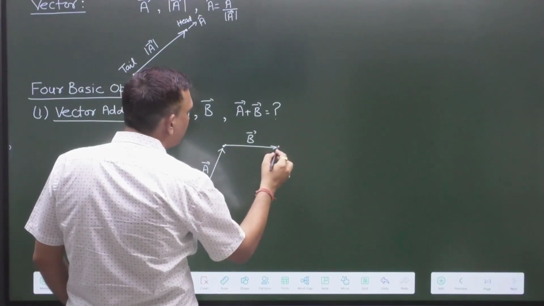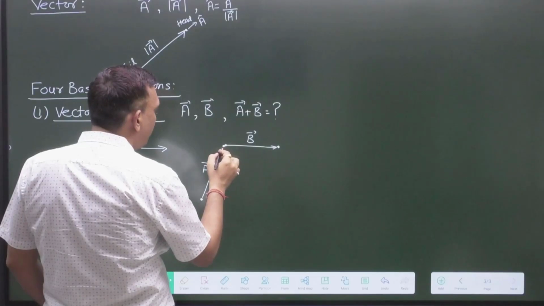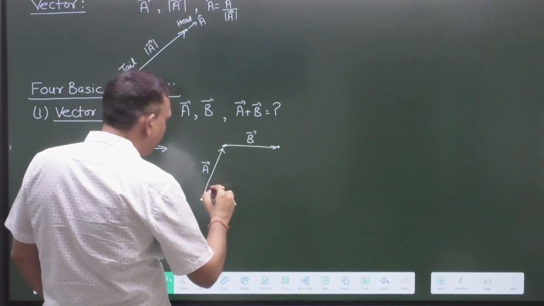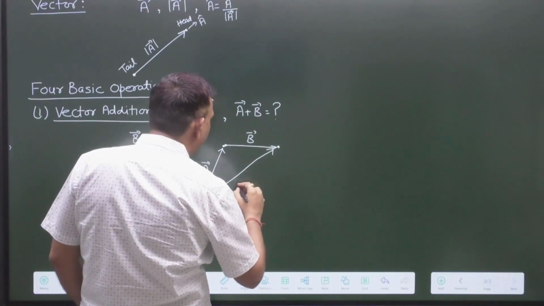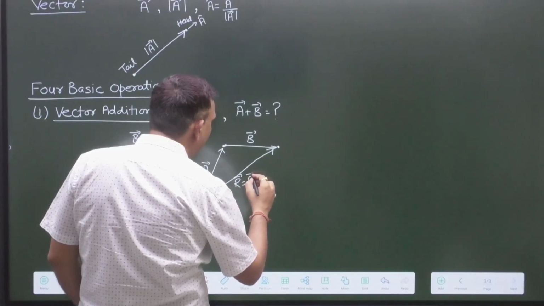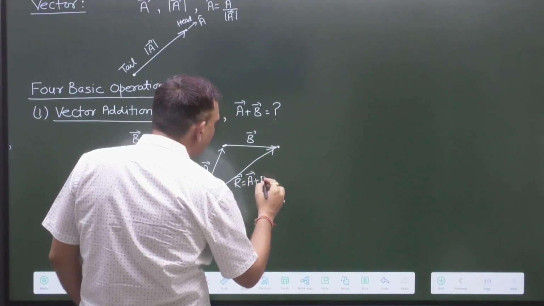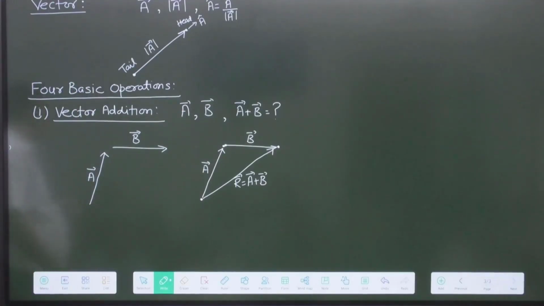So the tail of B is placed at the head of A and then connect the tail of A with the head of B. So this will be the vector R, and that is vector A plus B.